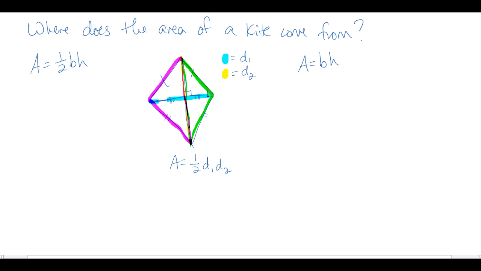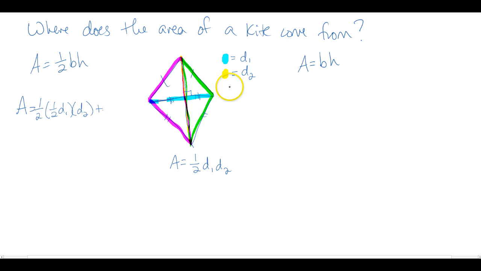So let's try that. Now this might get a little confusing, but the height of each of my triangles, the pink and the green, is actually equal to 1/2 of diagonal 1. So the area for the first triangle is 1/2 times 1/2 d1, which is the height, times d2.